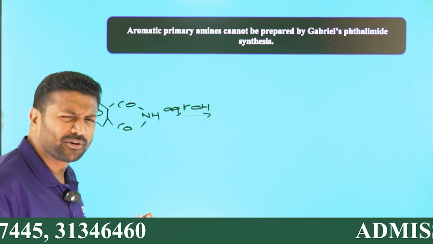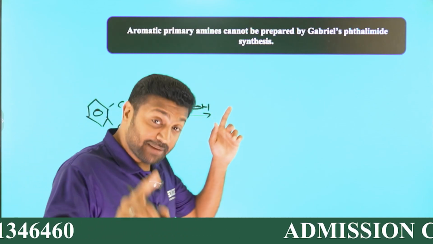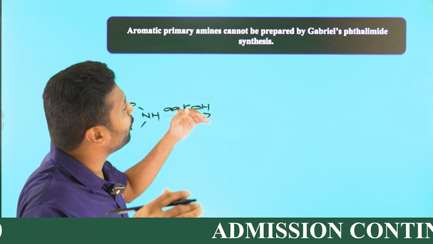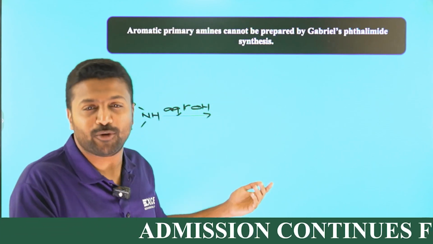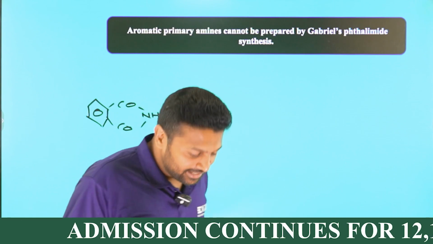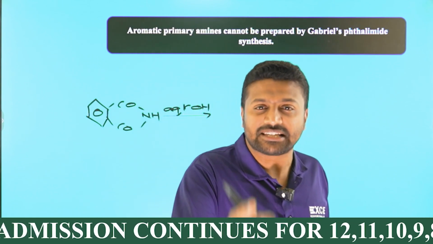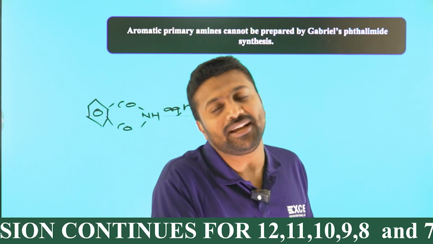My question is, why can Gabriel phthalimide synthesis not be used for preparing aromatic primary amine?